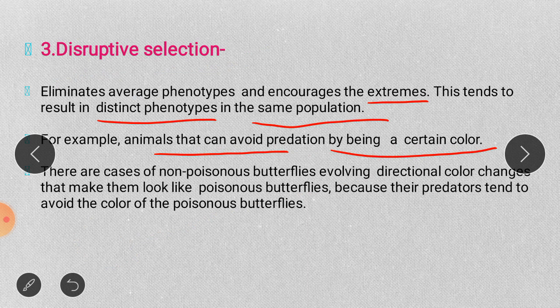So butterflies make changes in their wing color, so they can look like a poisonous butterfly, and therefore predators think that they are poisonous, therefore they avoid eating such butterflies. So it will result in the development of color. So extreme phenotypes are going to be produced.